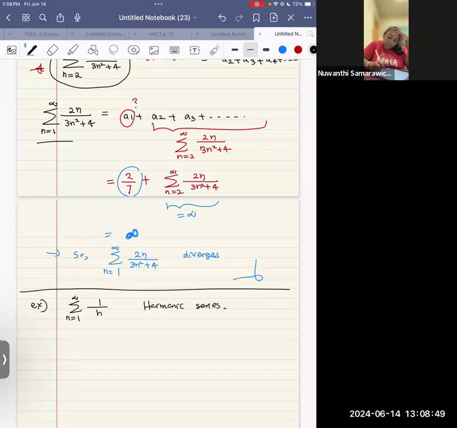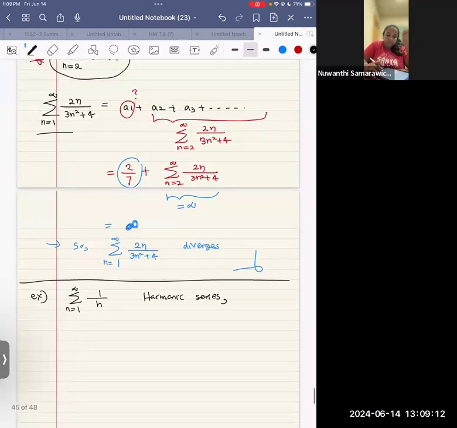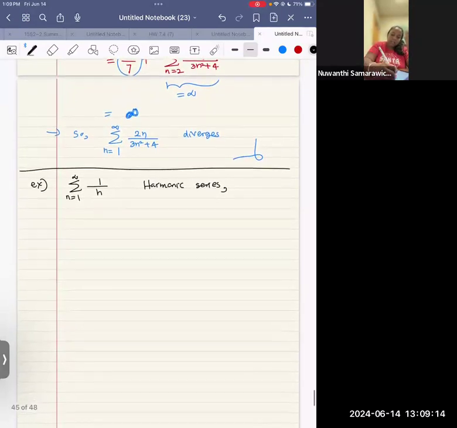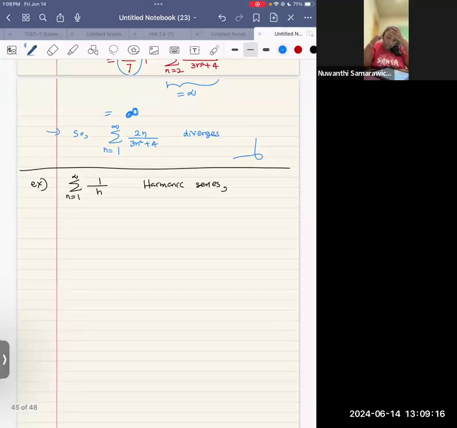And we straight away said the harmonic series diverges. I said the proof that the harmonic series diverges is in the book. But now we are going to use this integral test to show that the harmonic series diverges.